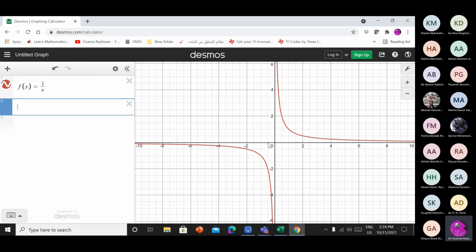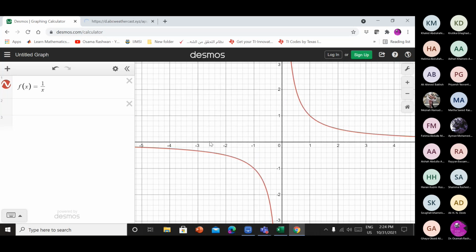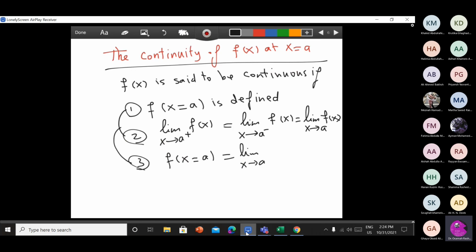When you come from the left to the 0, you are going to have very big y in the negative side. But when you come from the right to the 0, you are going to have very big values of y, but positive, right? So how can I write down this one?